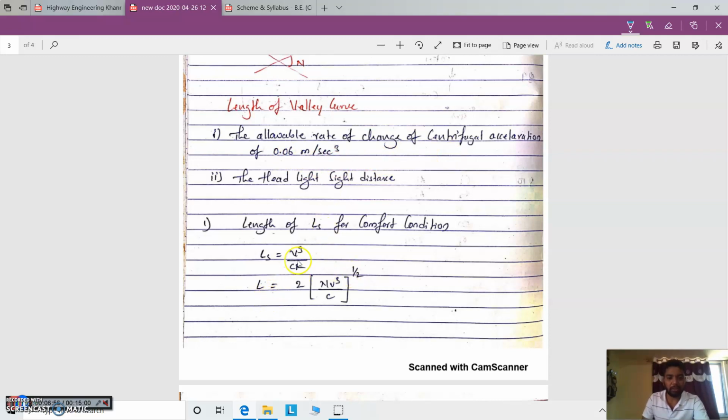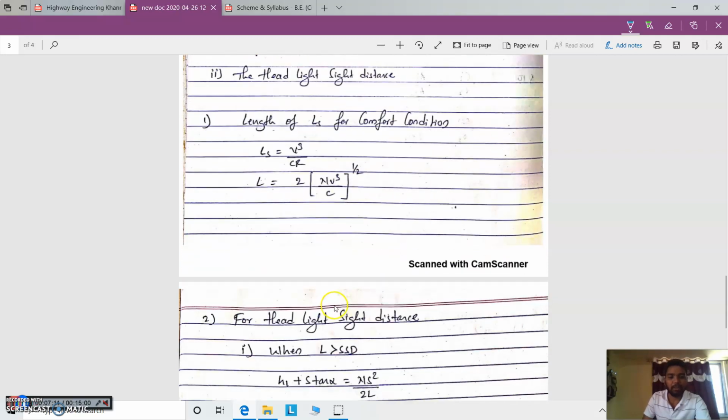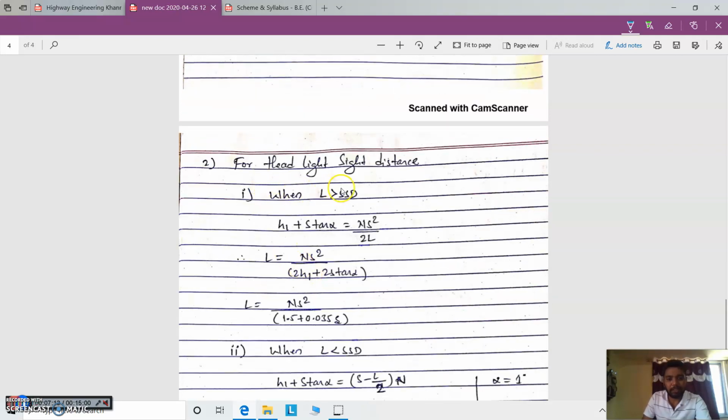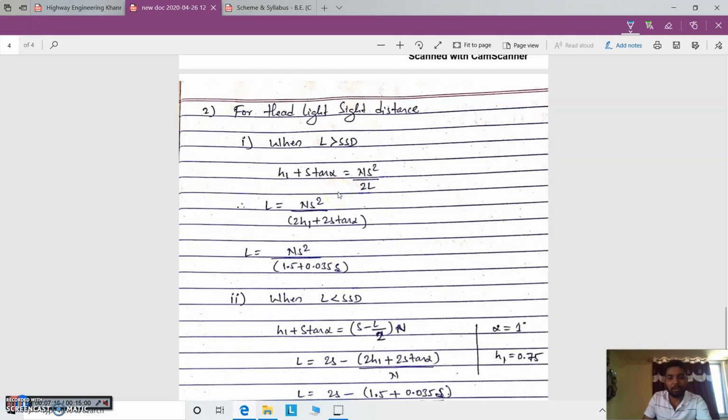For the length of the valley curve, for the comfort condition, we have 2 times (N V cube by C) to the power 1 by 2, that is, under root N V cube by C. And for headlight sight distance, we consider the length greater than the stopping sight distance and the length less than the stopping sight distance.